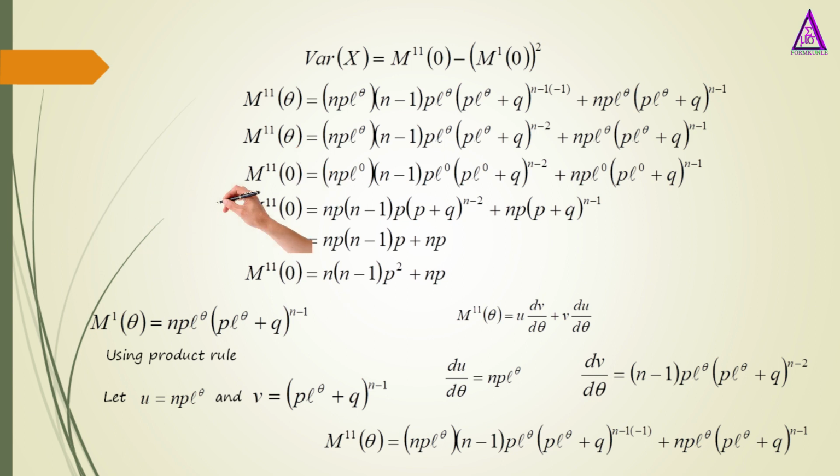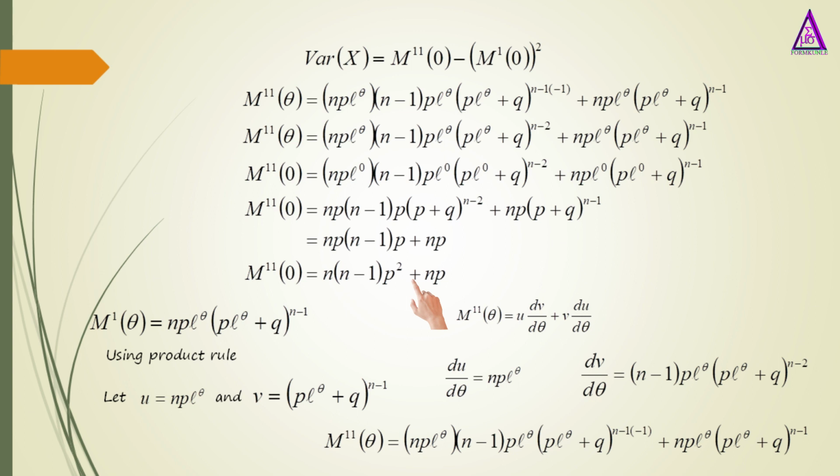Equation 4 gives us np into bracket n minus 1, close bracket, p, open bracket p plus q, close bracket, raised to power n minus 2, plus np, open the bracket p plus q, close the bracket, raised to power n minus 1. And we know that p plus q equals 1 based on the binomial rule. So we now have in equation 6 np into bracket n minus 1, close the bracket, p plus np.